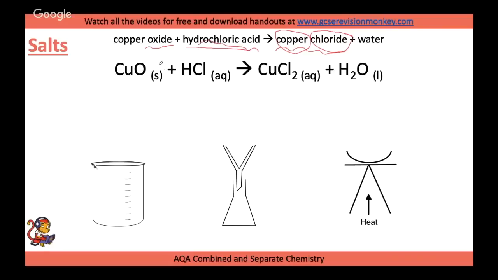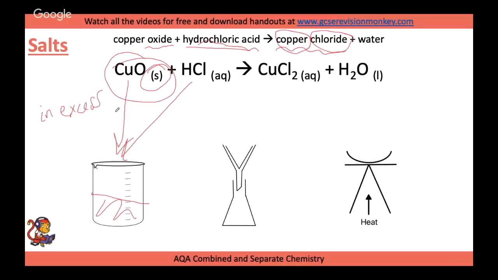In this case, we've got a solid, this state symbol means solid, mixing and reacting with our acid. So we'd add into a beaker the solid and our acid, but it's important to add this solid in excess. That means keep adding it until no more will react.